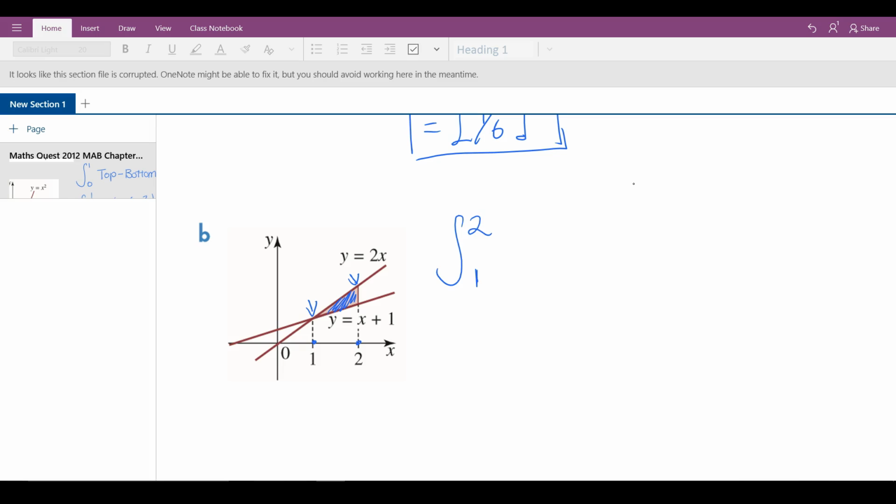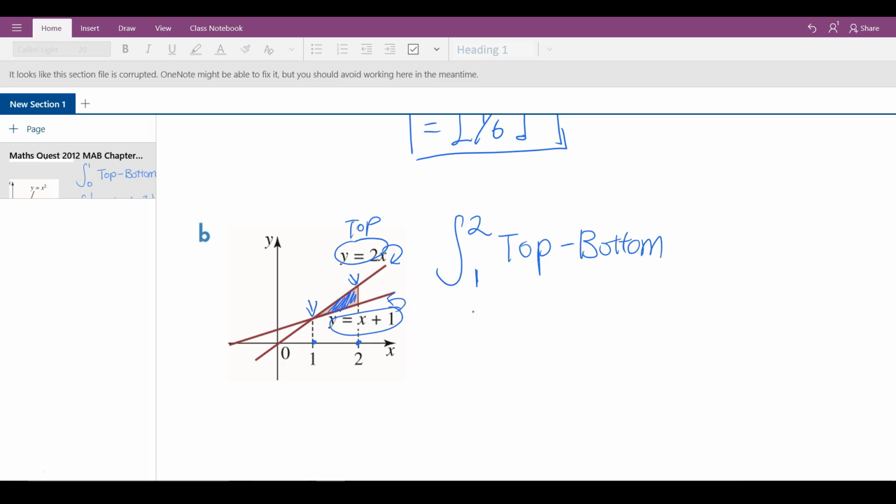And it's always top minus bottom. The top one, I believe, would be the y equal to 2x one. This will be the top one. And y equal to x plus 1 is the bottom one.